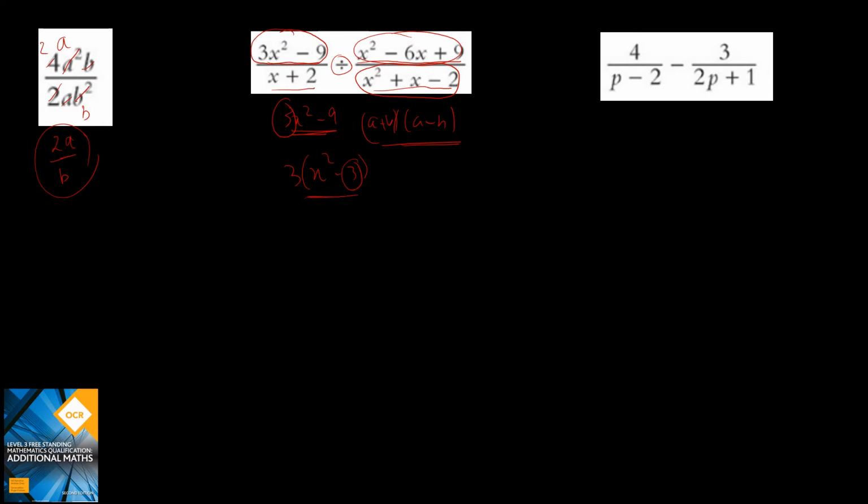So this we cannot break down any further. All we can do is say 3 out and x squared minus 3. So let me try this question and see how we go about the factorizing.